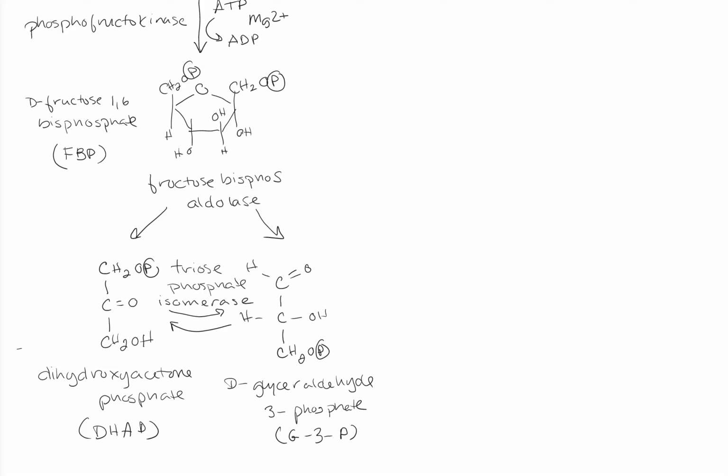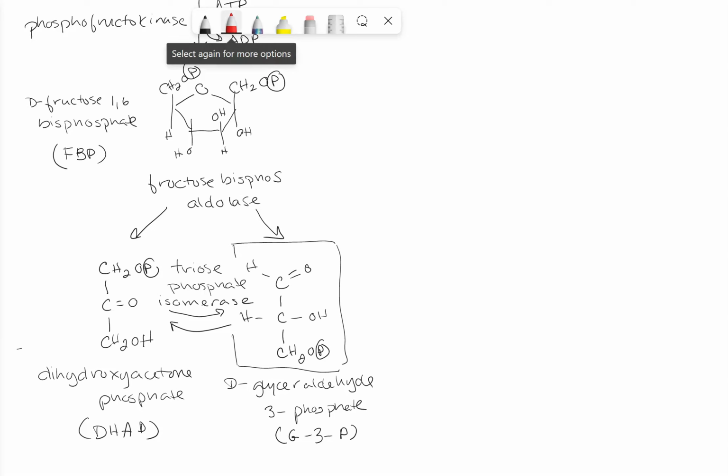And what we end up with at the end of the first phase is from D-glucose, we get 2 equivalents of glyceraldehyde 3-phosphate.